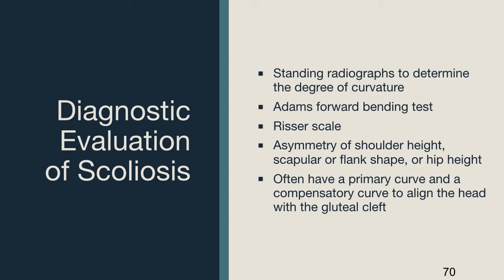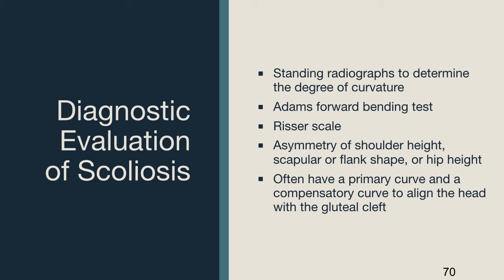The diagnostic evaluation includes the standing radiographs to determine the degree of curvature, the Adams forward bend test, which is what we did in the screening courses, and the Reiser scale looks at the degree of angle in the spine. We definitely are looking for asymmetry of shoulder height, scapular or flank shape, or hip height.